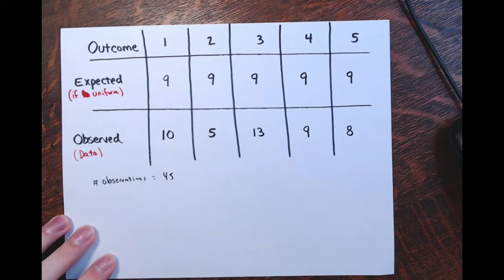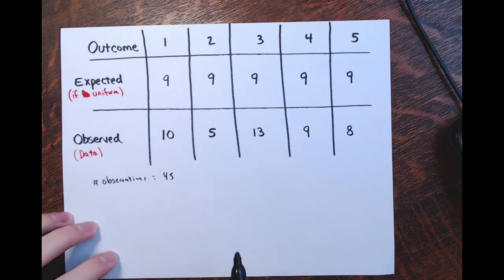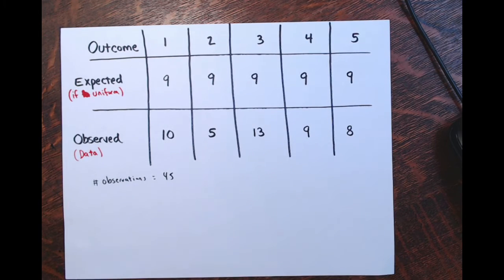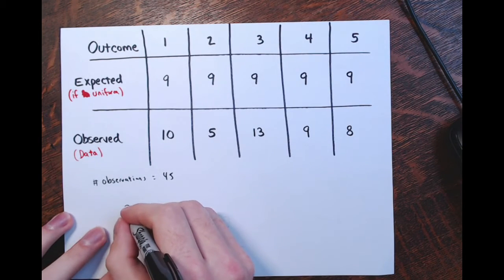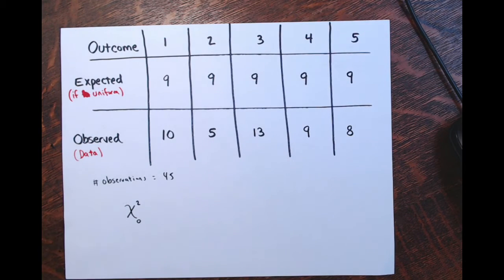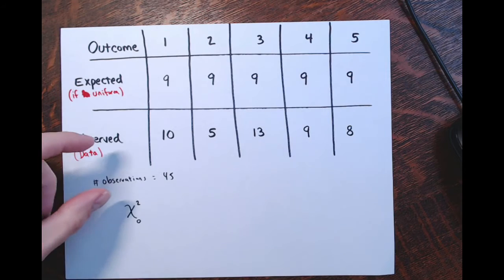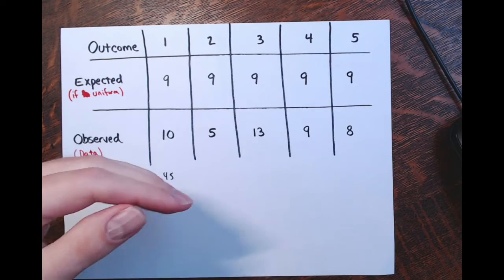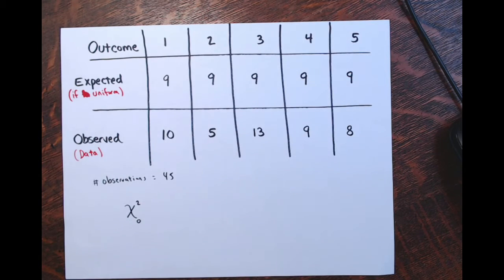So we're given this table of information, and we're asked to calculate the chi-squared test statistic for a goodness of fit test. How well does this observed distribution fit the expected distribution of a uniform distribution?